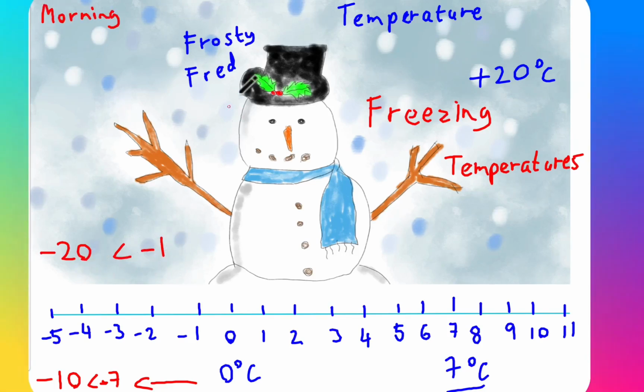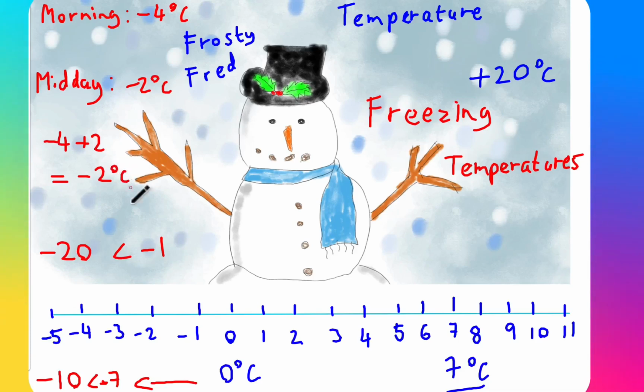So in the morning, Frosty was made and the temperature was at -4 degrees Celsius. As the day got a little warmer, around midday, our temperature became -2 degrees Celsius. In order to figure this one out, we take -4 and we add 2 to it, because now we're into -2 degrees Celsius. So it went from -4 in this direction, +2 to -2.